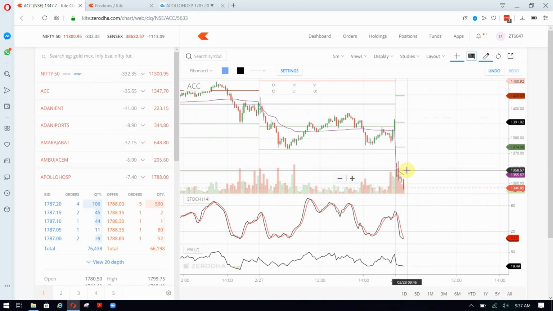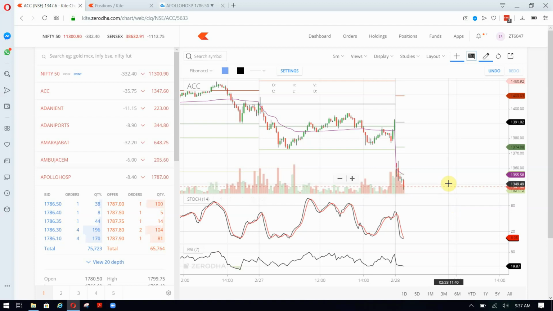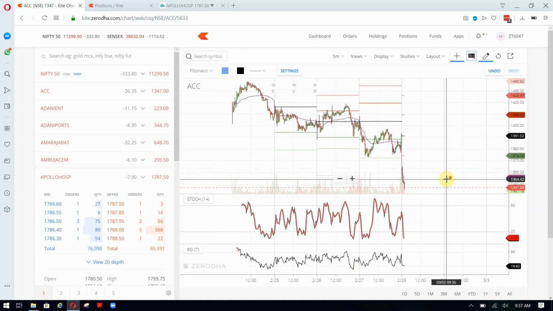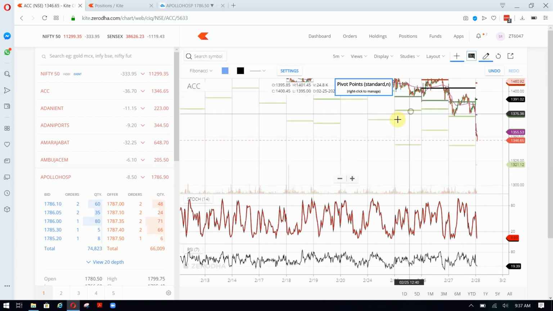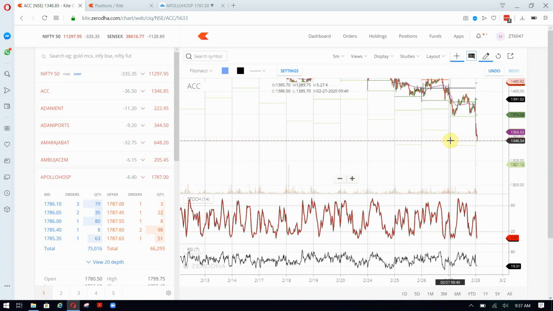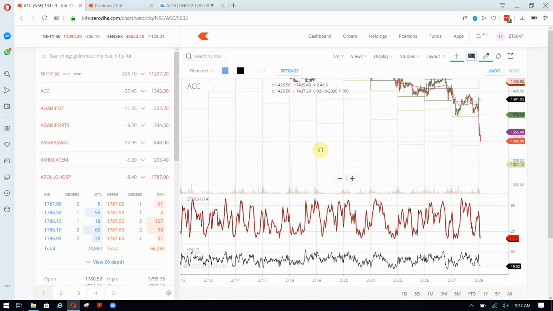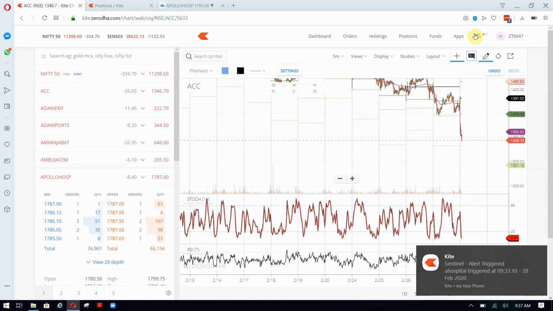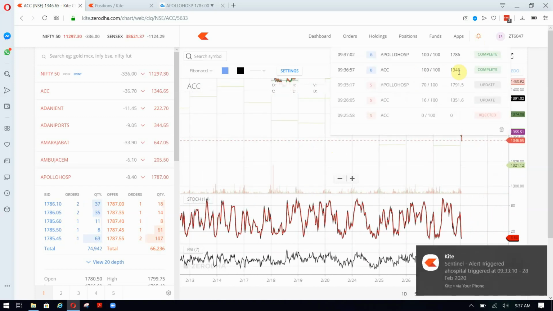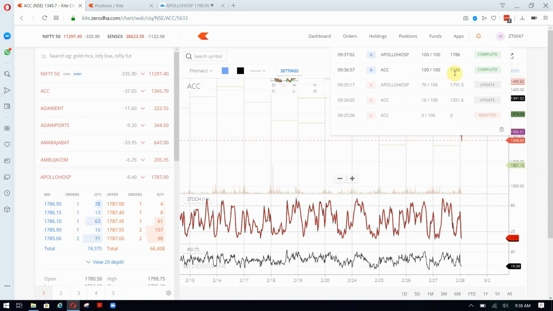Nifty is also still showing further to go down. So I did short, expecting that it will go down, and I kept my exit price by changing my time frame and looking at where the recent support level was on some other trading day. So there was a support level at 1346. That's why I kept the target to buy at 1346.